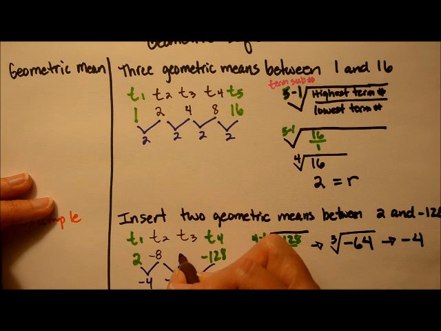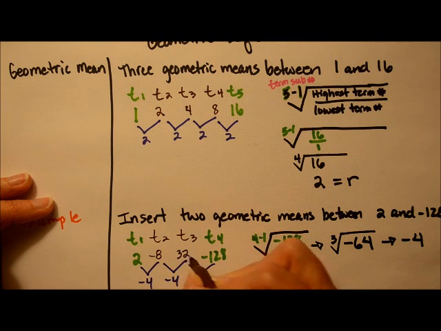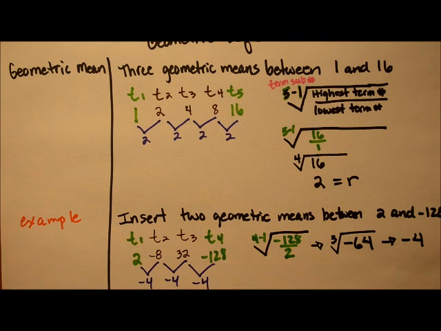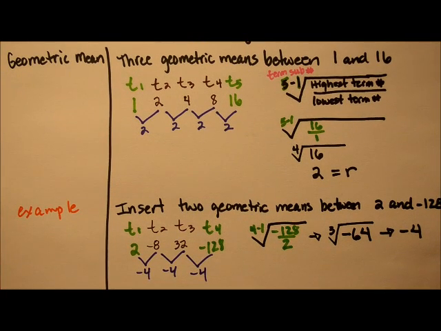Negative 8 times negative 4 is 32. And 32 times negative 4 is negative 128, so we have it right. So the geometric means between 2 and negative 128 are negative 8 and 32. Okay, that's geometric mean, and you're going to need that so that we can do the other problems.